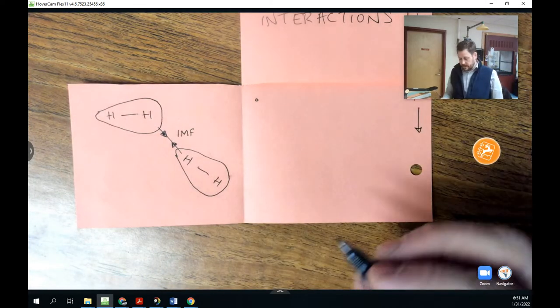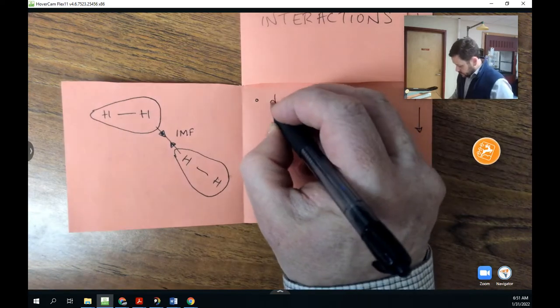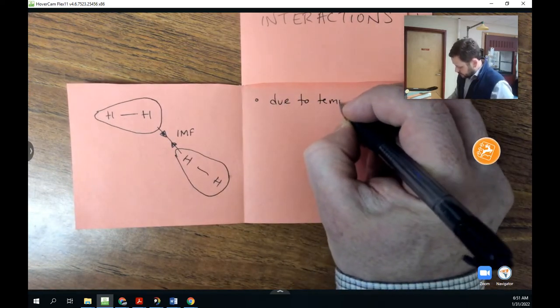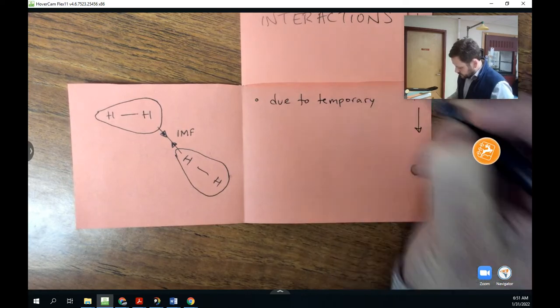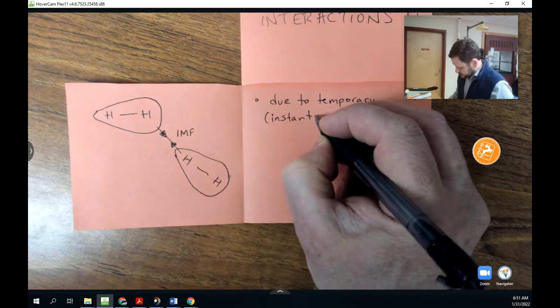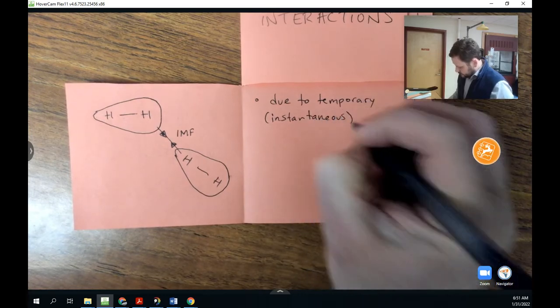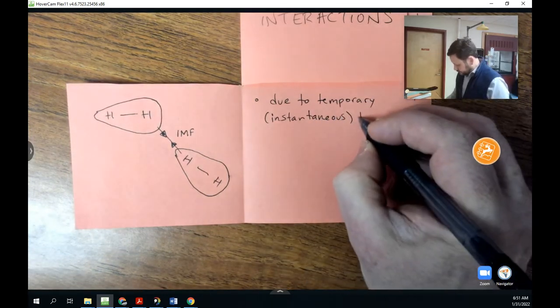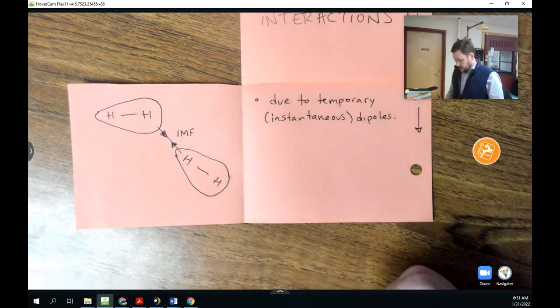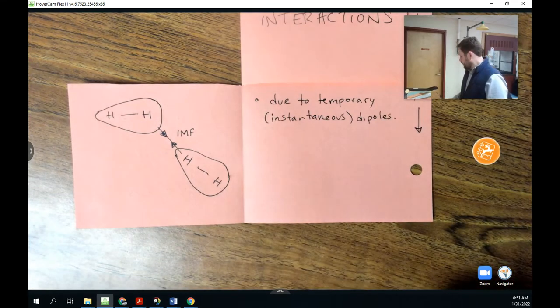The first note to make about London dispersion forces is that they are due to temporary, in other words, instantaneous dipoles. These are not permanent dipoles.